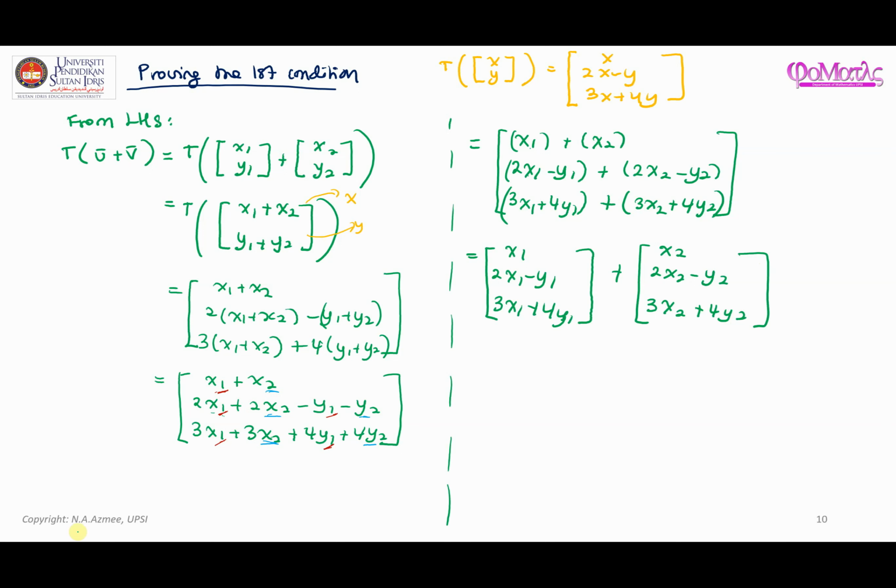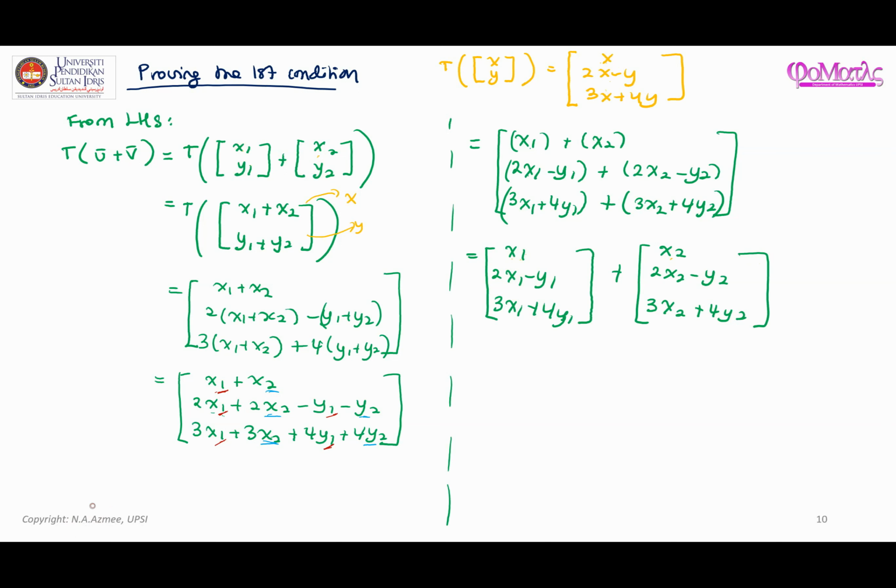Based on this, I hope you can see that the rule applies. This is x, so x1 and y1 are on one side, x2 and y2 are on the other side, and they follow the rule given here.